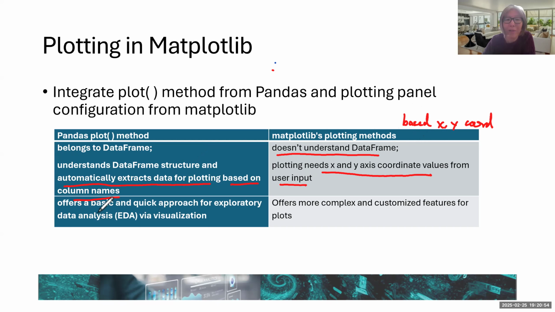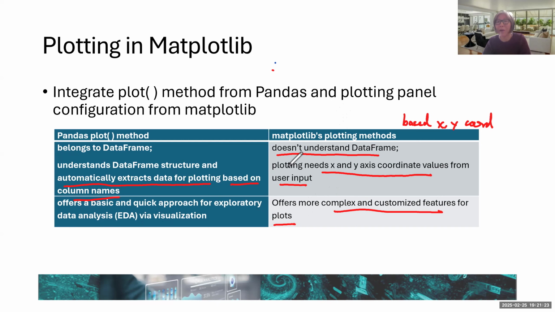And the second difference is that the plot method from Pandas offers a basic and quick approach to do EDA, exploratory data analysis, through visualization. And for Matplotlib, because it has more features, it offers more complex and customized features for the plot.